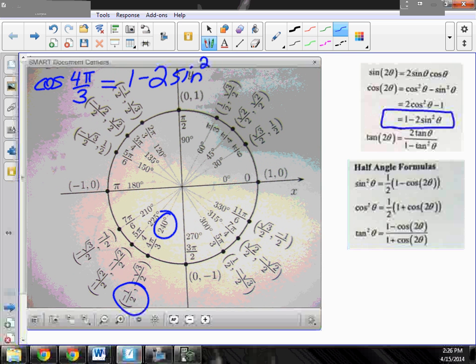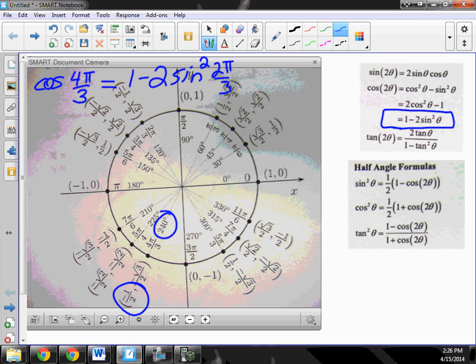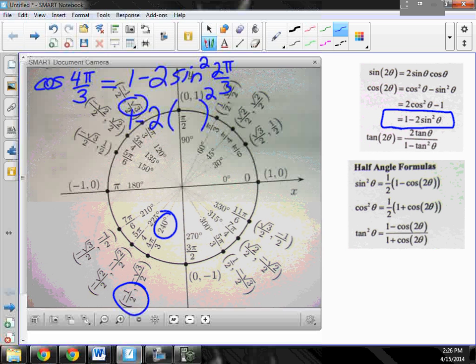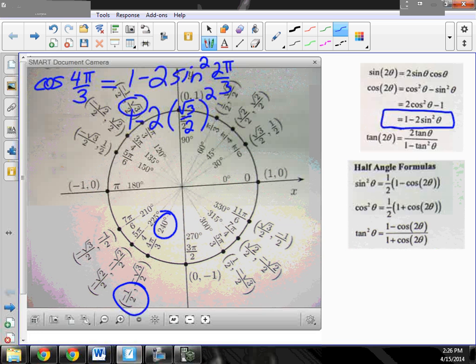So 2 pi over 3. So 1 minus 2, what is the sine of 2 pi over 3? Root 3 over 2. Well, what is root 3 over 2 squared? Root 3 times root 3 is 3, and 2 times 2 is 4.